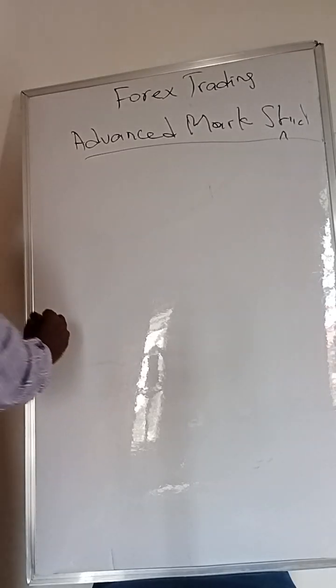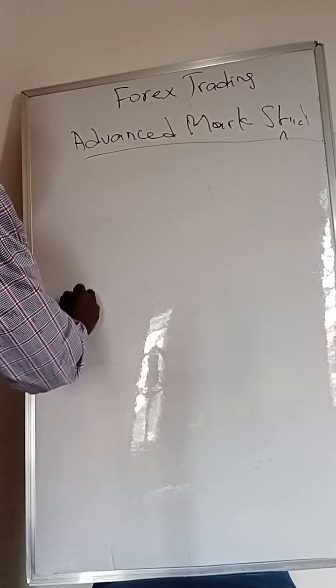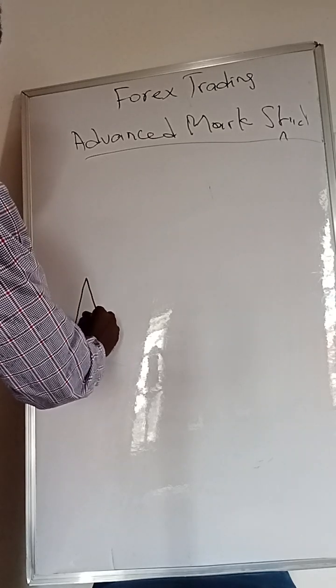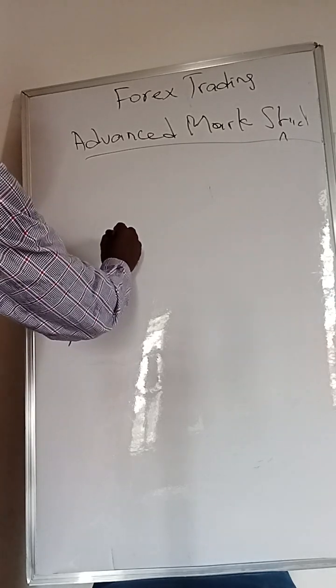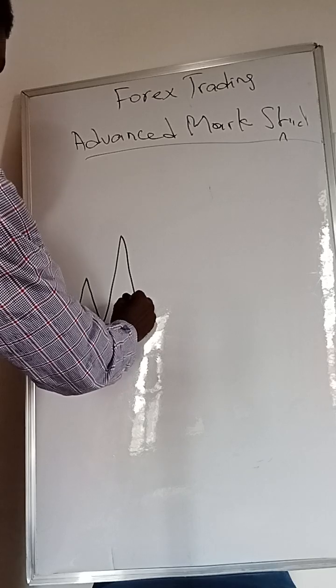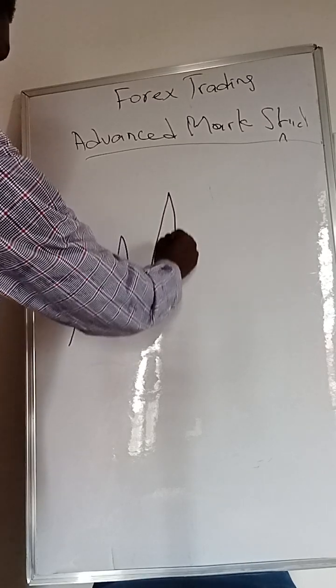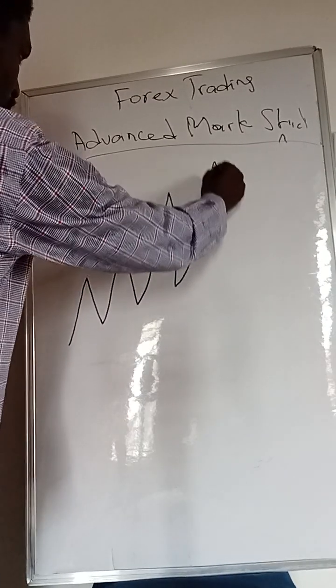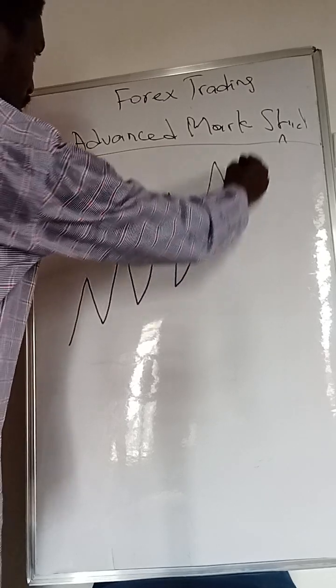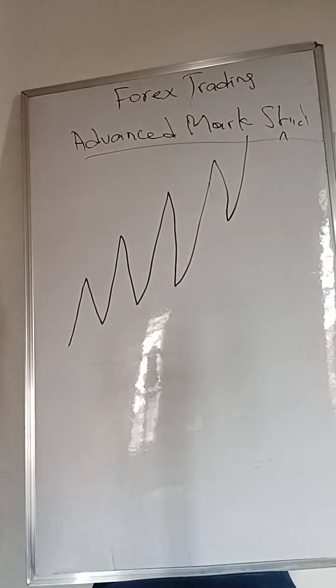So if a market is trading on buy, it goes down, it goes up, it goes down, it goes up, it comes down, goes up, it comes down here, it goes up. Now, how do you enter a market, a trending market, or a market that you have been able to identify the structure?